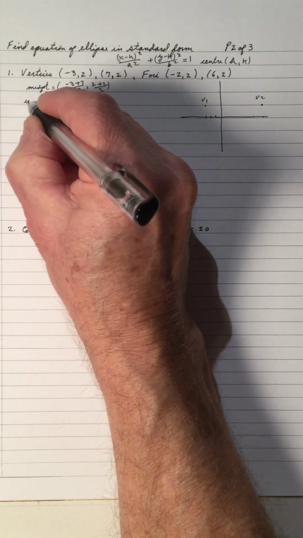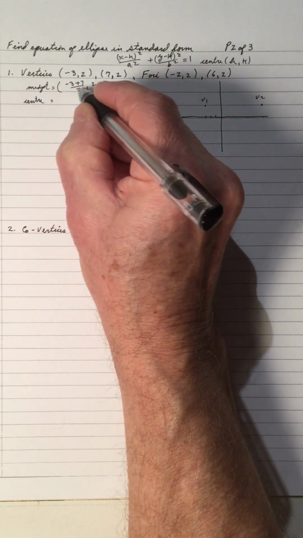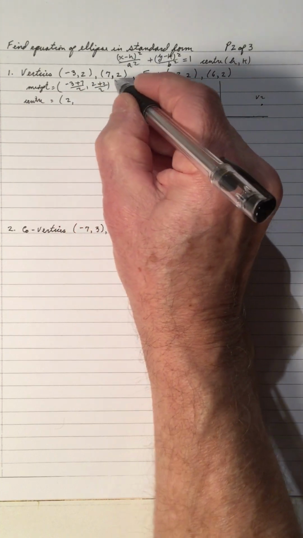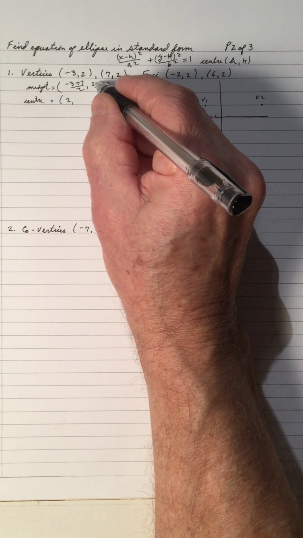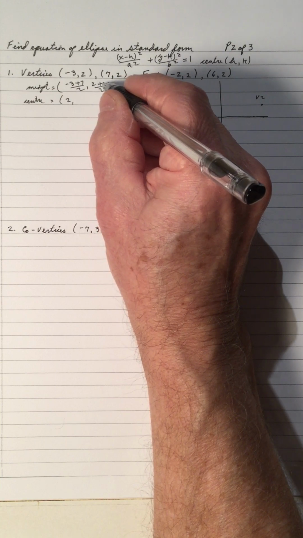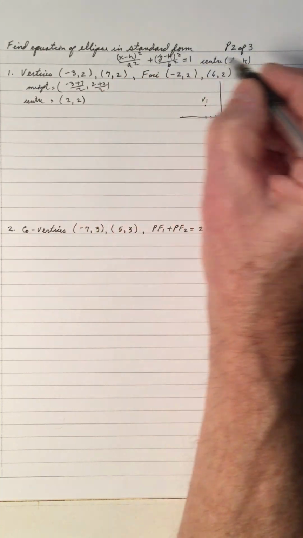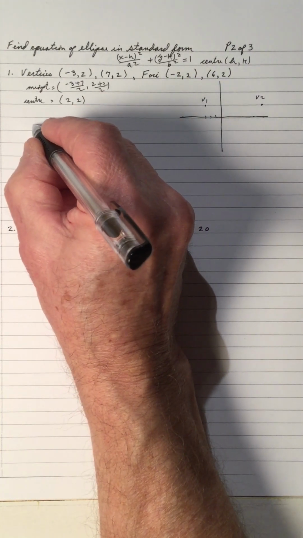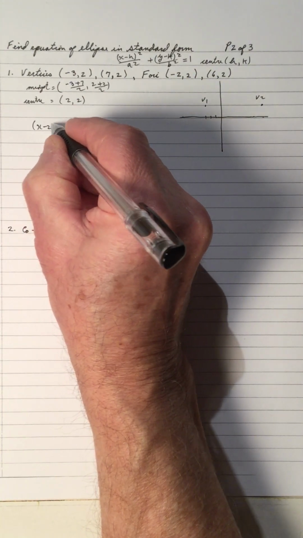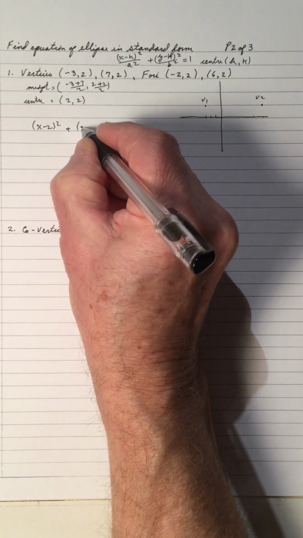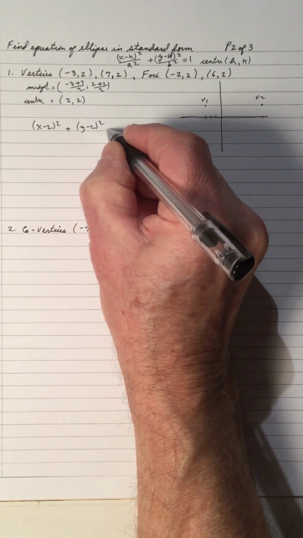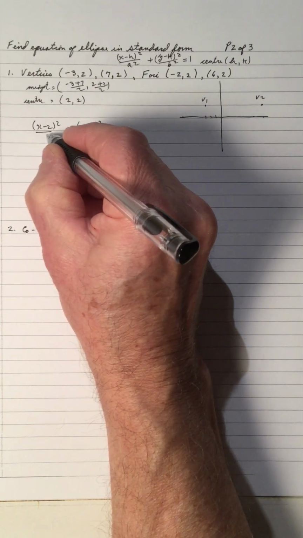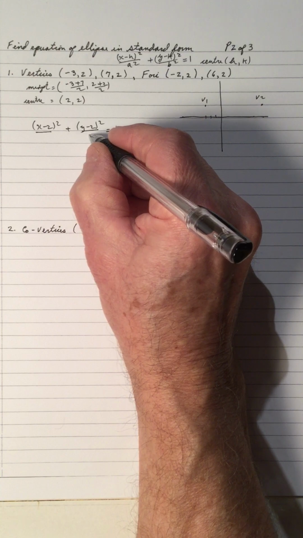So 4 divided by 2 is 2, and 2 plus 2 is 4, 4 divided by 2 is 2, so the center is 2, 2. That means we have an equation that's x minus 2 all squared, y minus 2 all squared equals 1. So we have to get the a to make this an a squared, and the b to make this a b squared.